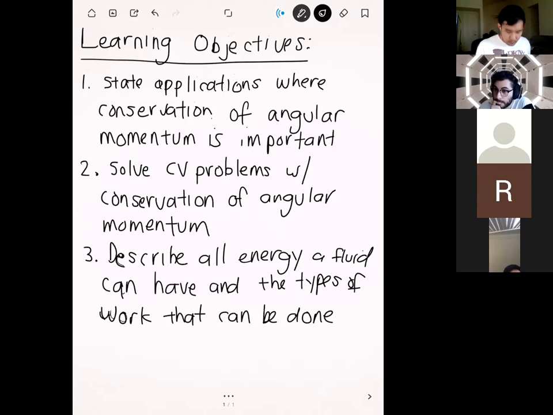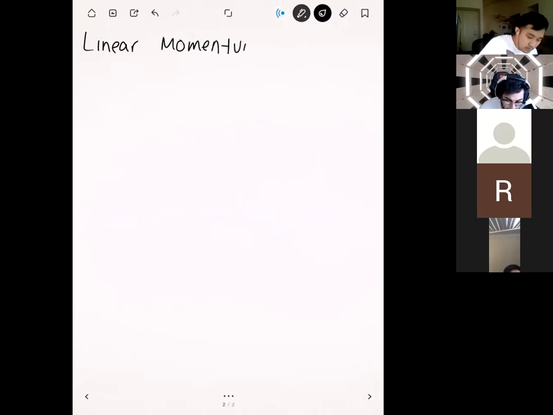Okay, so I want to do one more point based on linear momentum, because I didn't get to do this last time, and I think it might clear up some confusions about the signs on the homework. If we write out the expression for linear momentum, and of course, since we're talking control volumes here, this is the Reynolds transport theorem version of it.